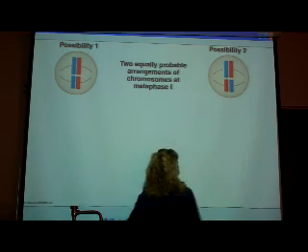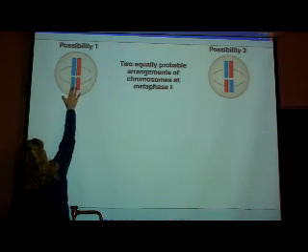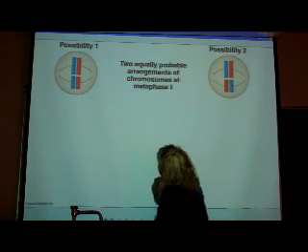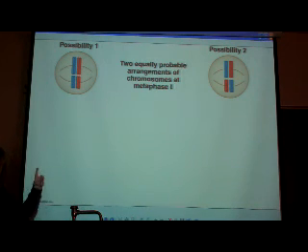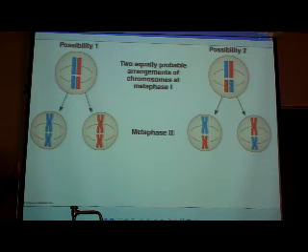Or the chromosomes on the bottom, you kind of have to take this pair right here and just do a flip-flop of them. In other words, they can pair up that way as well. But whatever the case, they're going to result in different gametes being produced.